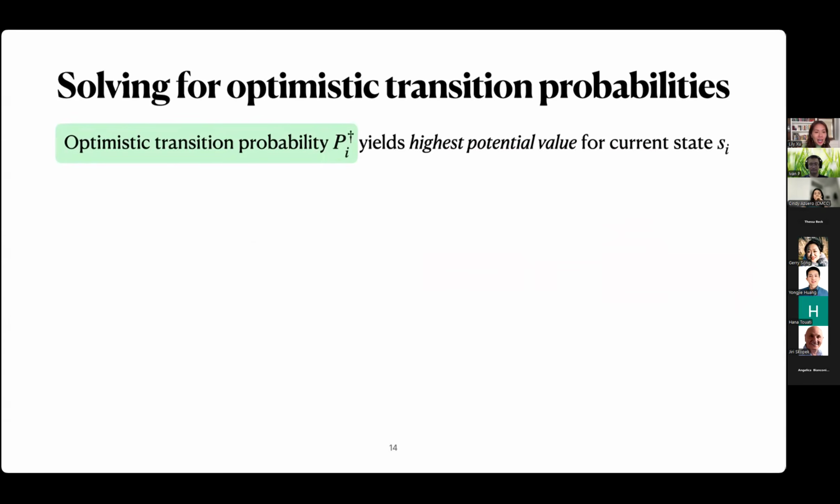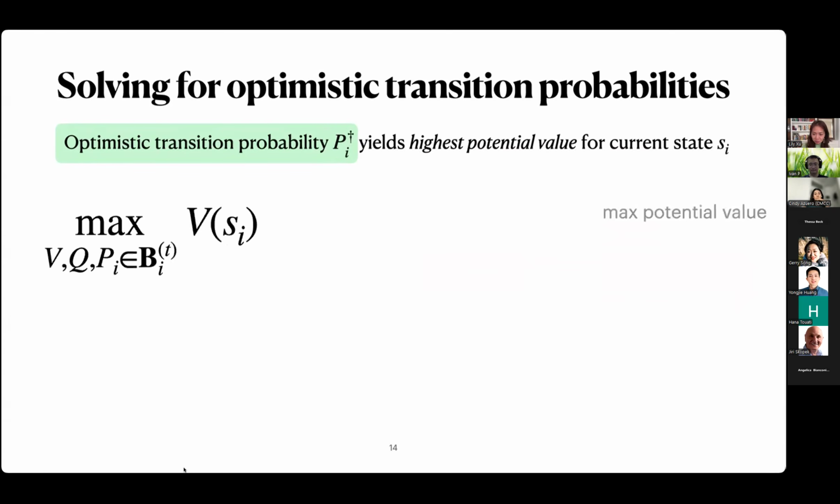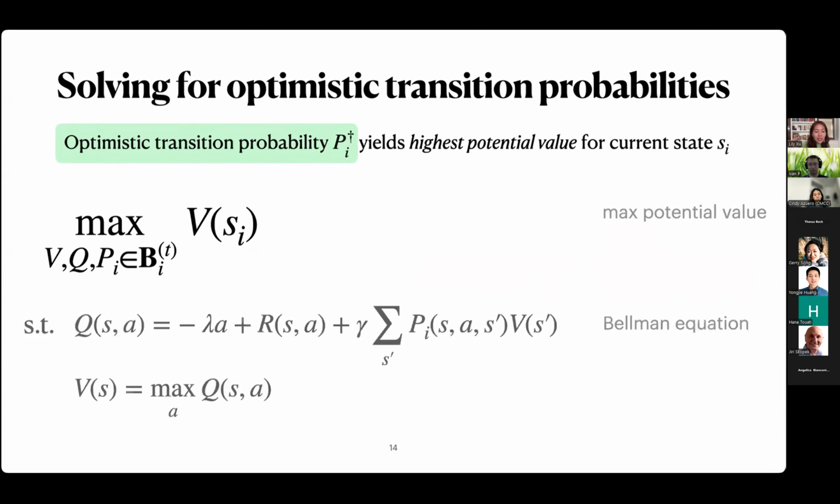So we define a mixed integer program where the objective is to maximize the potential value from being in state S. And we include as constraints the Bellman equation, which is a common formulation in reinforcement learning to enable us to estimate what is not just the immediate reward of taking one action, but what is the long-term reward if we have repeated actions over time across many, many time steps.